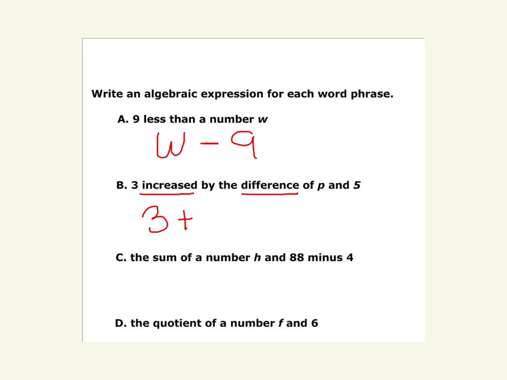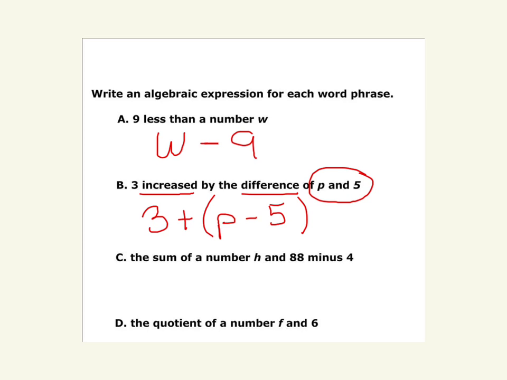That's going to be p minus 5. Now, I'm going to put this in parentheses because I want to do this p minus 5 first. I'm going to increase 3 by the difference of these 2, so I need to figure those 2 out before I can add 3 to it.